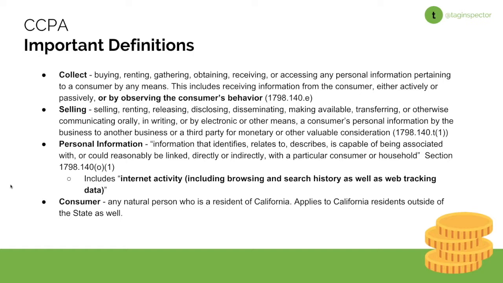We're talking a lot about personal information. So what is it? Any information that identifies, relates to, or is capable of being associated with a particular consumer or household. This includes, and it's specifically called out, internet activity, including browsing and search history, as well as web tracking data.